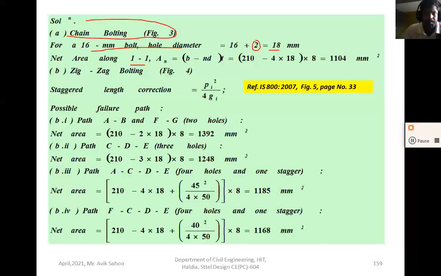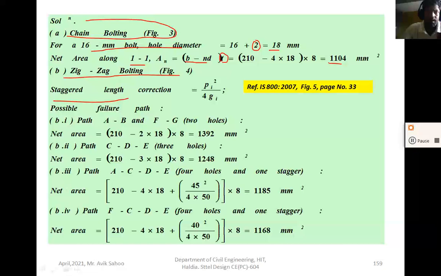Use this formula: (B minus n dh) times T, where T is the thickness of the plate. So the net area of the plate along 1 is 1104 square millimeter. Now you come to the zigzag bolting pattern.